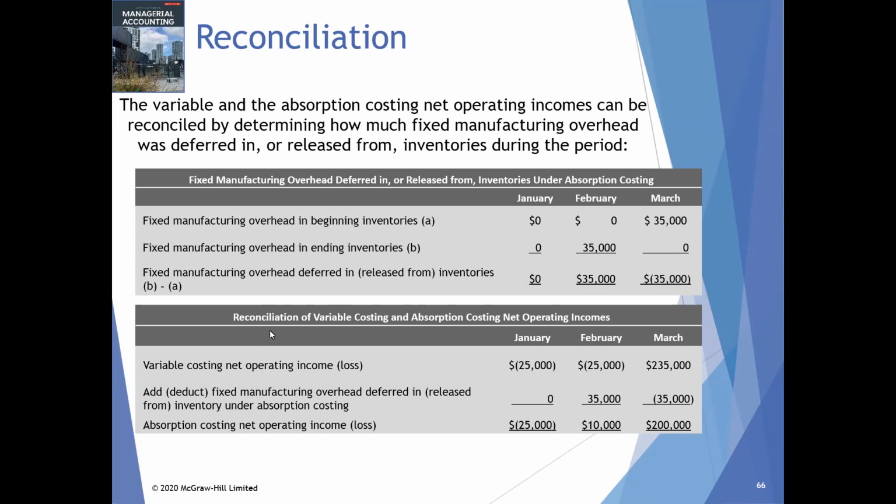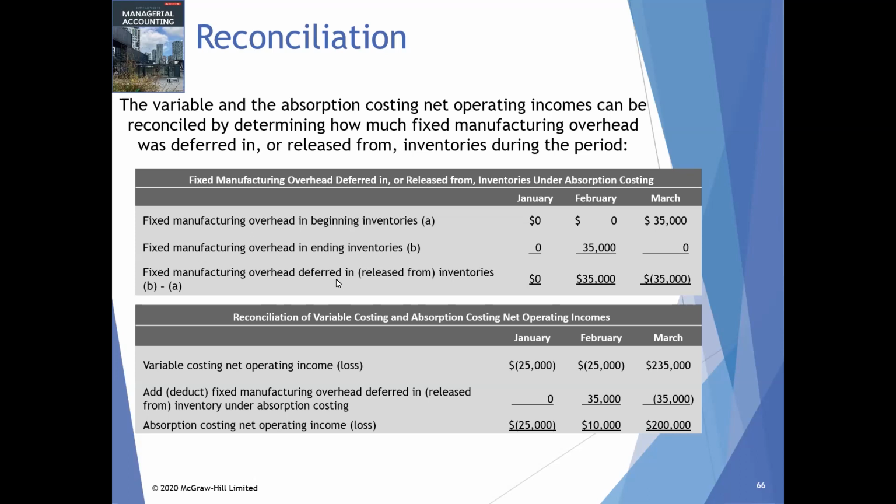Okay, now if we talk about reconciliation of variable costing and absorption costing net operating income: the variable costing net operating income or loss will be 25,000, 25,000, and 235,000, which is already given there, right? So now in this case, here the 35,000 is positive, and here the 35,000 is negative, right?